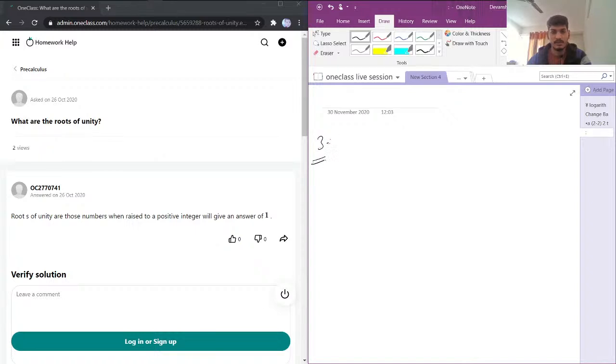Question number 3. What are the roots of unity? Okay, so roots of unity are those numbers that, when raised to a positive integer power, give an answer of 1.